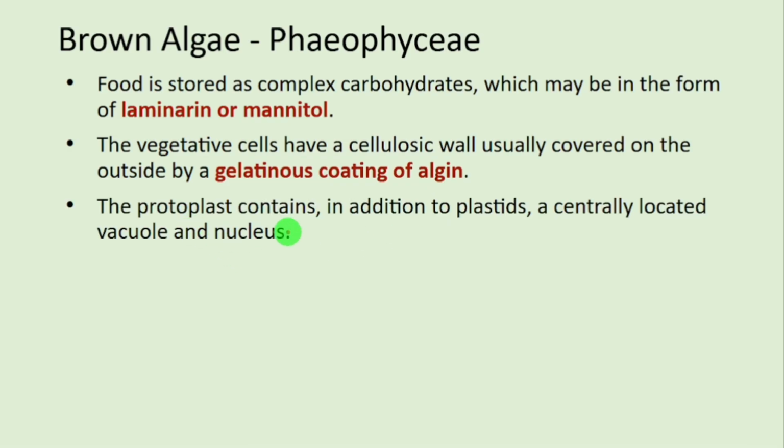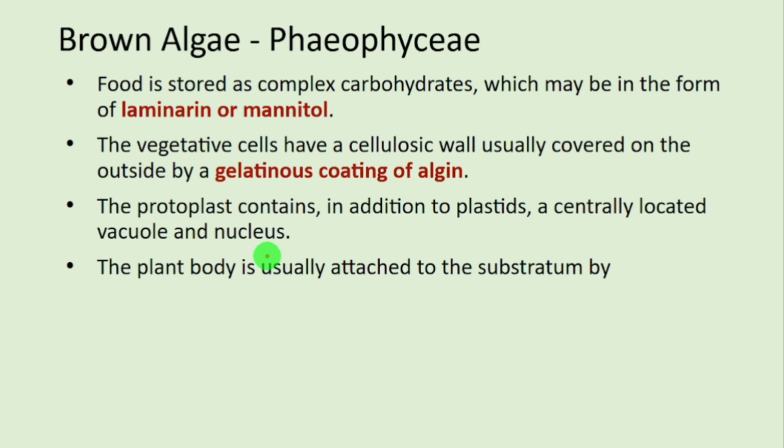The protoplast contains, in addition to plastids, a centrally located vacuole and nucleus. Then this point is very important. The plant body is usually attached to the substratum by a holdfast. So this acts as the root.